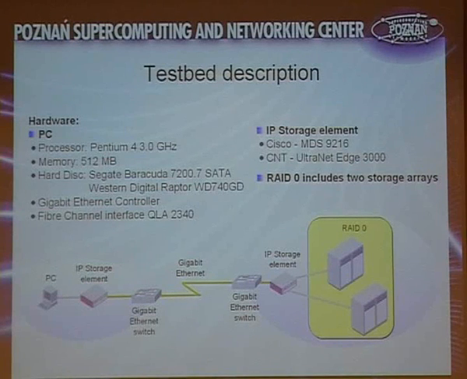As a client machine, a PC workstation with a gigabit Ethernet card and a Fibre Channel interface was used. As IP storage elements, as I said before, Cisco and CNT solutions were used. And as data storage, two arrays connected with a software RAID were used.